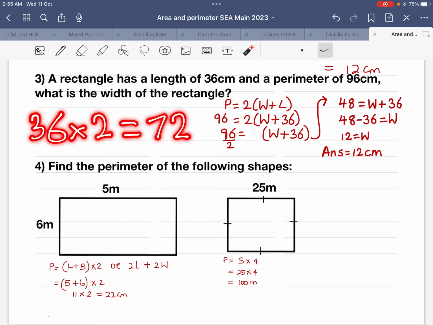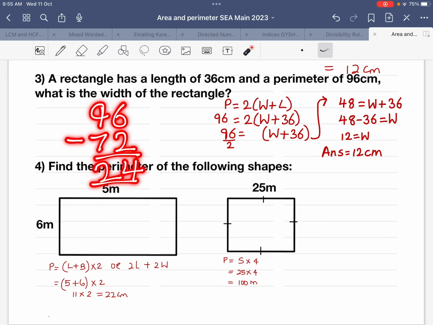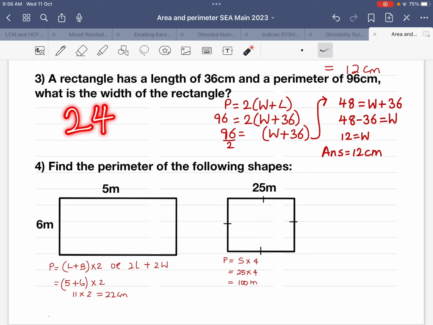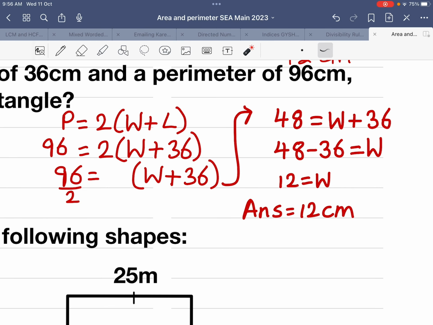We can take away 72 from the perimeter, and we will get 24, and 24 will be the remaining side, which is the 2 widths. Right, so we can divide 24 by 2, and we will get 1 of the width, which is 12 centimeters.